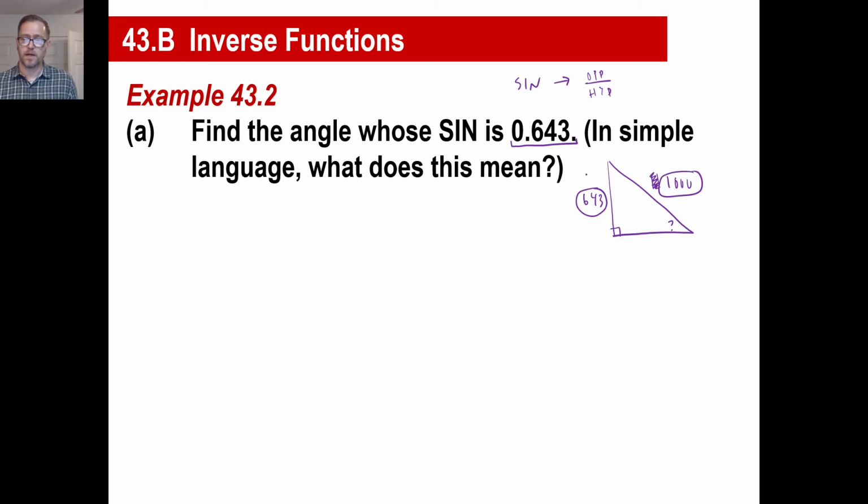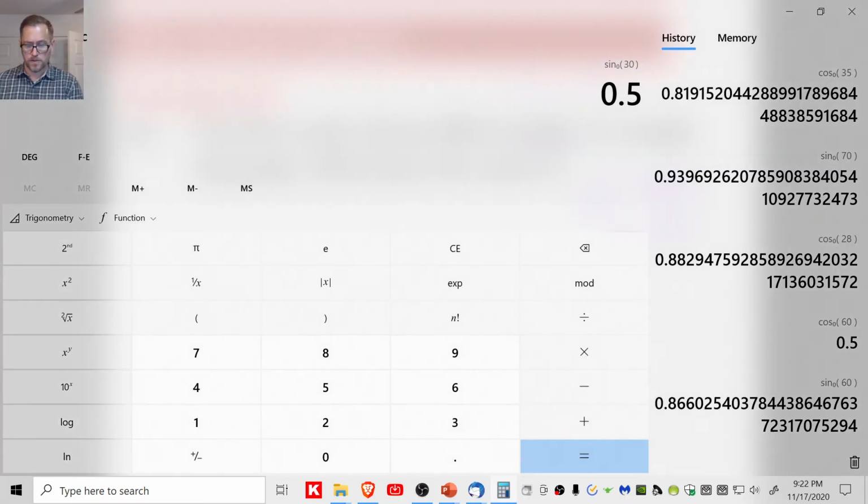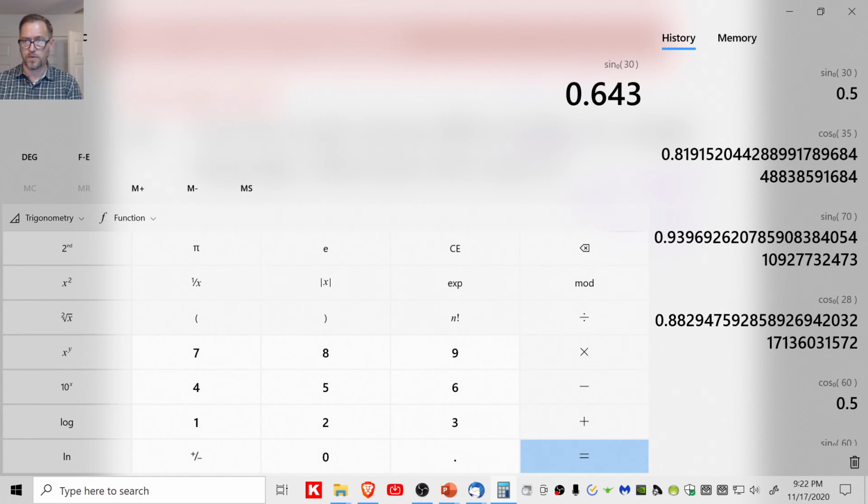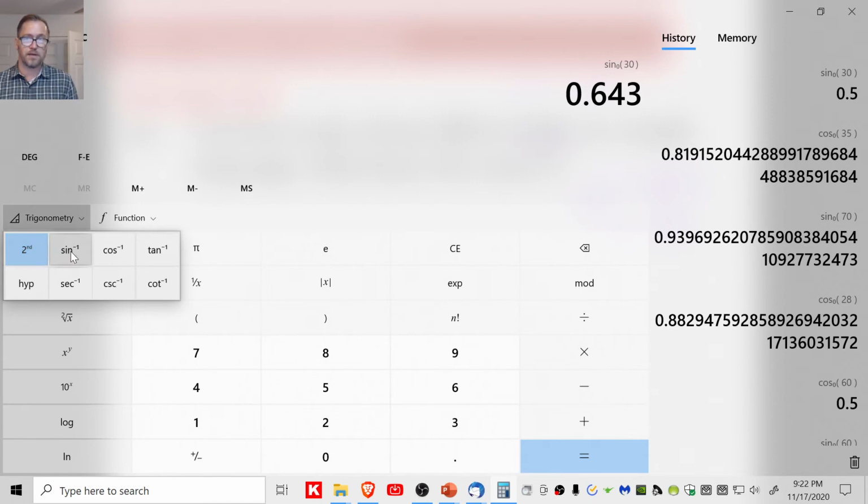You see that? Of course, we can use the Pythagorean theorem to find this third side length as well. The only thing is we don't know what kind of an angle opens up enough to where the ratio is 643 thousandths. Well, that's where you actually type in your calculator. And let me do this on the big one so you can see it a little better. So we'll go 0.643, and then second.